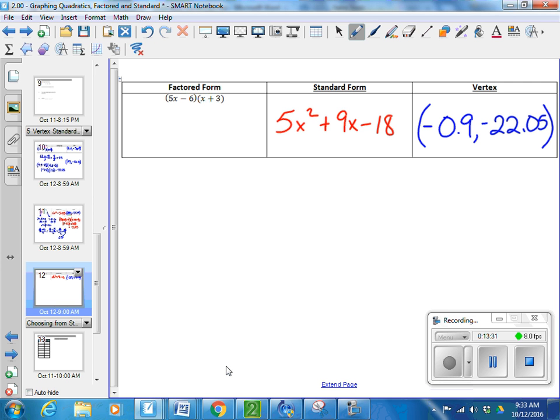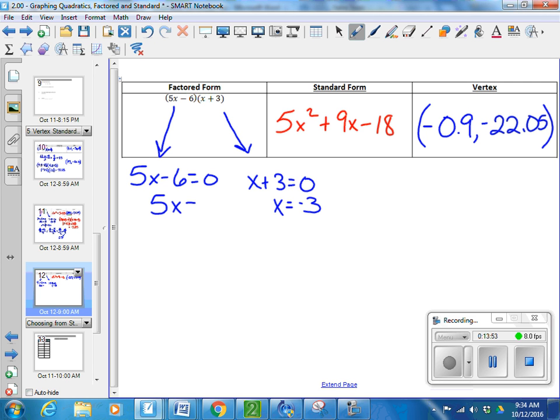Alright, so again, I need my x-intercepts first. So that means I'll set 5x minus 6 equal to 0, and I'll set x plus 3 equal to 0. That means one of my intercepts is going to be negative 3. If I work this one, 5x will equal 6, divide both sides by 5. That means this will become 6 over 5, or 1.2.